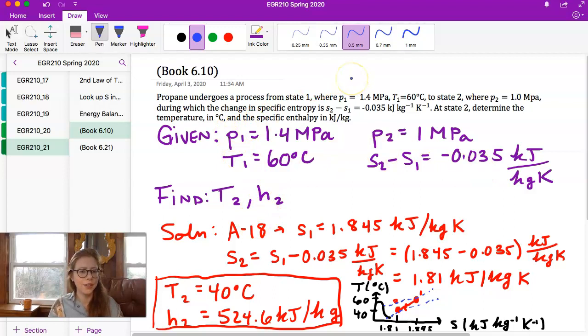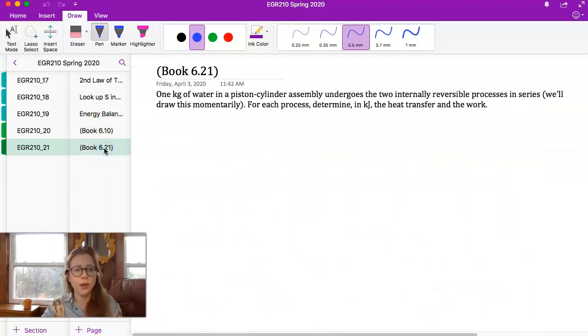All right, so let's move on and do one more. And this one's a little bit longer. So 1 kilogram of water in a piston cylinder assembly undergoes 2 internally reversible processes in series, and we're going to draw those in a moment. And for each process, we need to determine in kilojoules the heat transfer and the work.